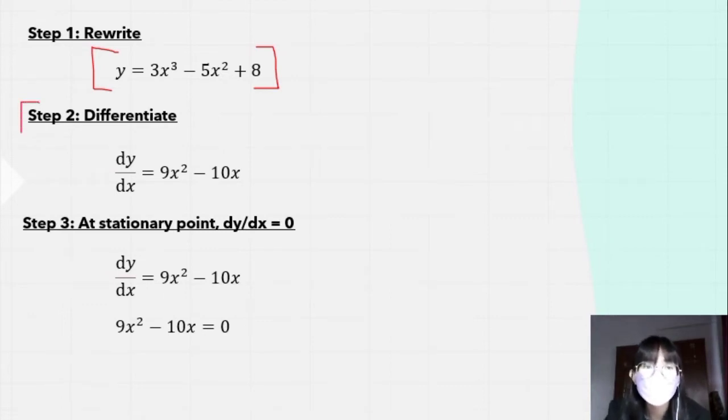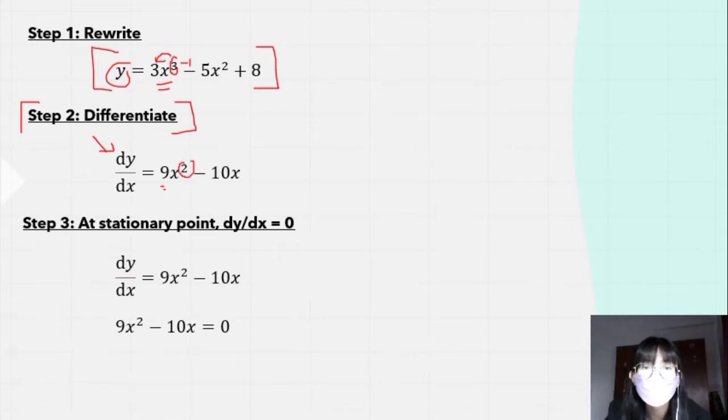Then step 2, we will differentiate y in terms of x. So dy over dx equals, here 3 multiplied by 3 we get 9, and 3 minus 1 we get x to the power of 2.